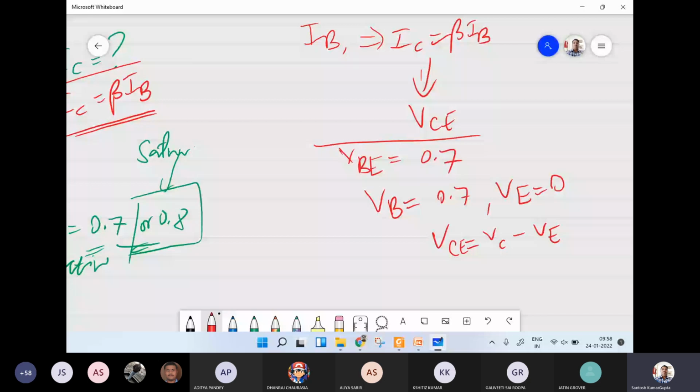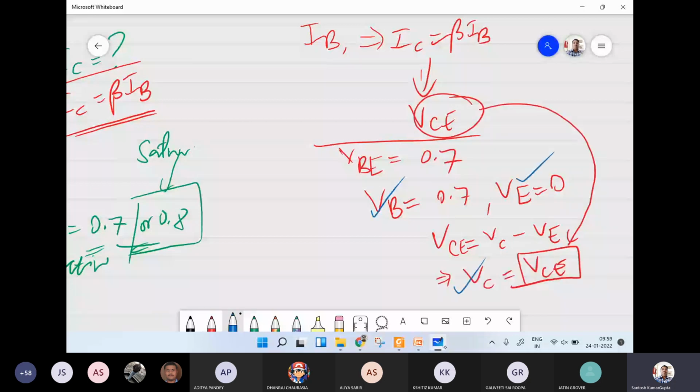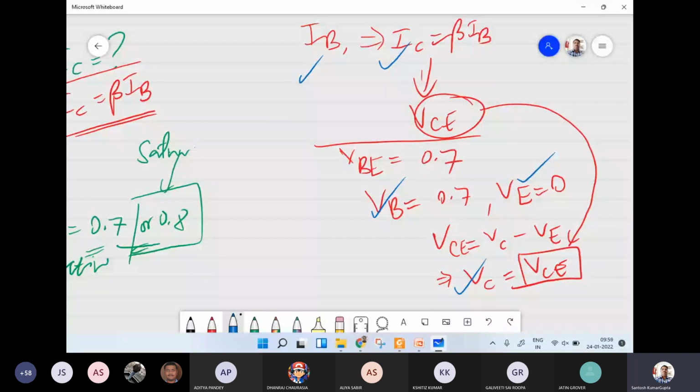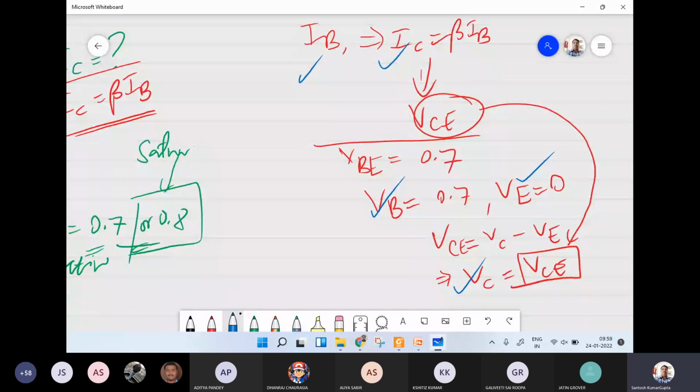Okay, so base voltage, emitter voltage, collector voltage, IC current, IB current, everything is now known to us. So this is the goal of doing this analysis. From this analysis we can find out all these parameters of the transistors and circuits.